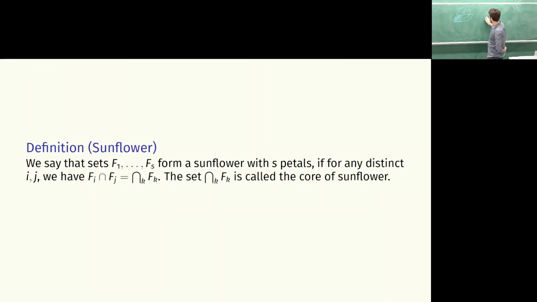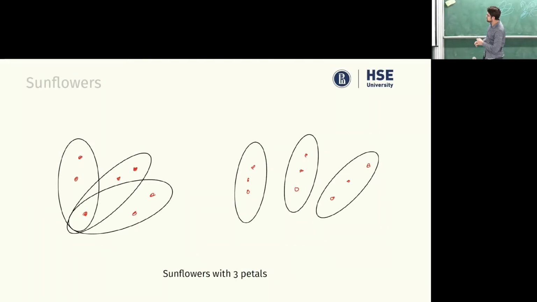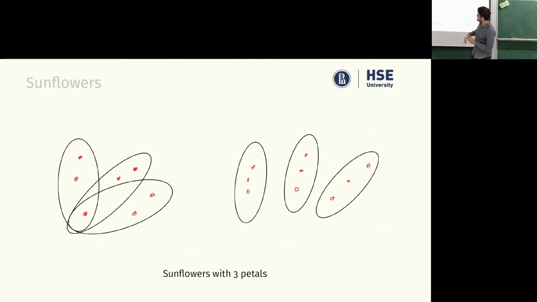So basically I have some set which I will call the core of the sunflower, and S disjoint petals. This is F1, this is F2, and this one is F3. Well, the core can be empty, so an S matching is also an S sunflower, but it could be non-empty, like this example.